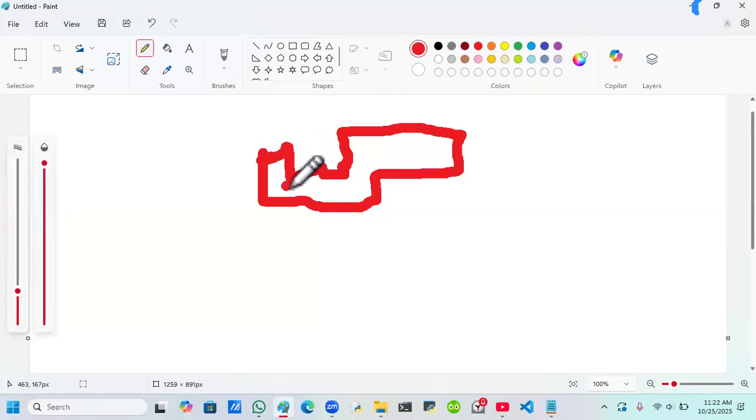How many shapes can you get from this composite shape? Now show me the shapes that you can get from it.